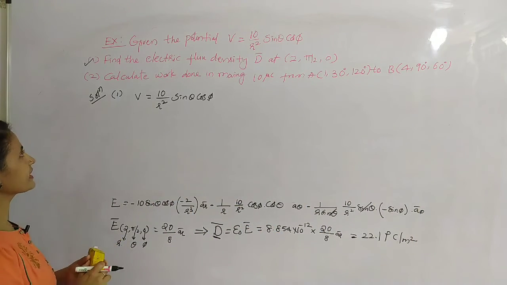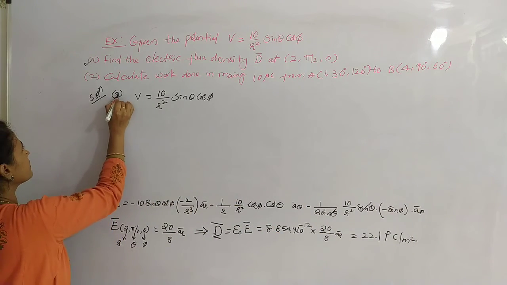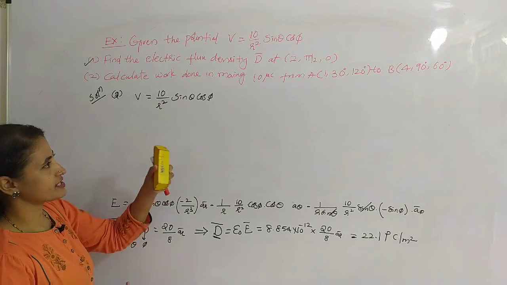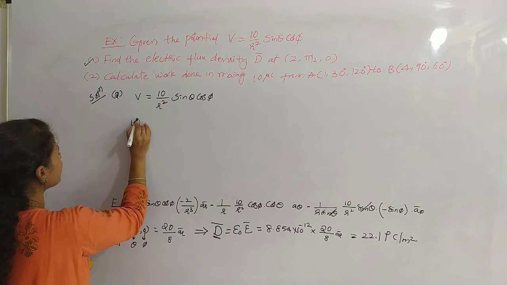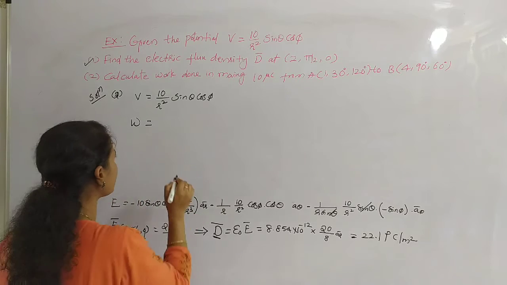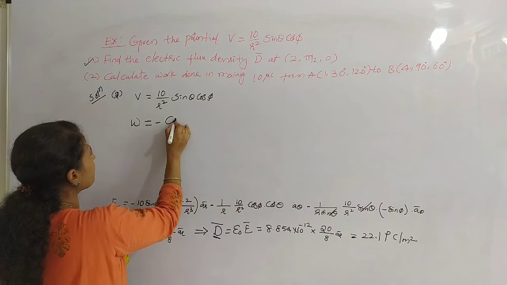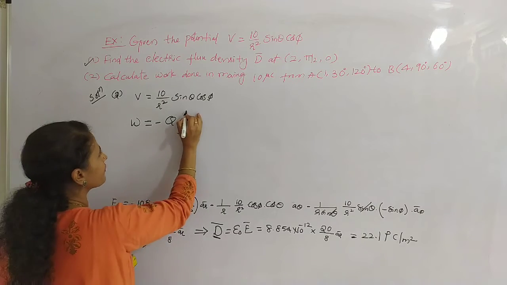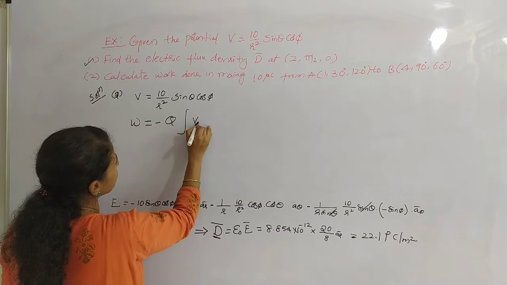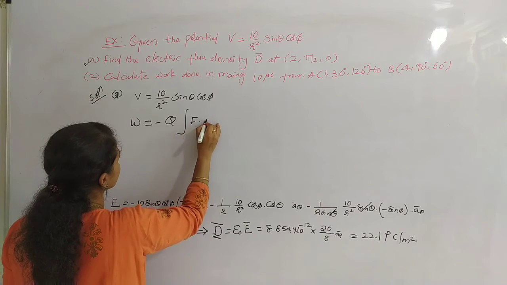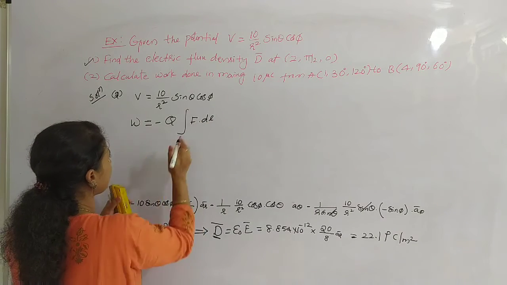So the second part is, we calculate the work done in moving this charge. The work done is given by, already we have seen the derivation of electric potential, which is given by minus q into integral of E into dl.